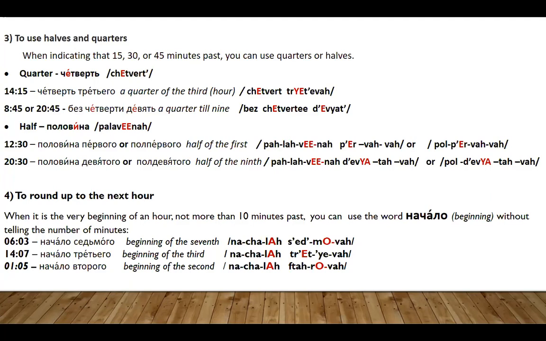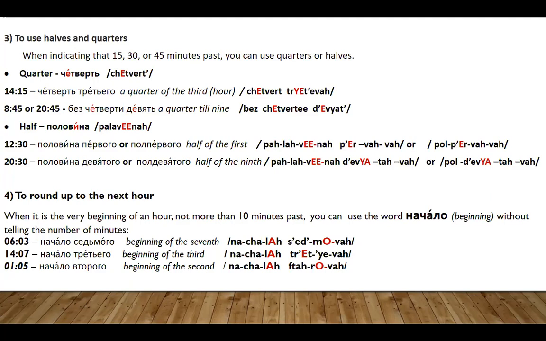For example, 6:03, начало седьмого, the beginning of the 7th hour. We don't care how many minutes passed, we just care that it is already the beginning of the next hour. Начало седьмого. In the next example, 14:07, it is начало третьего, beginning of the 3rd hour.